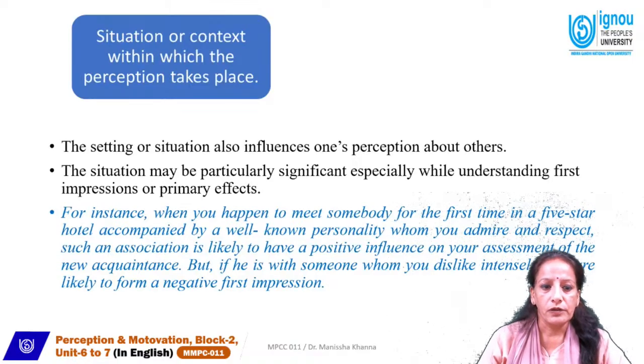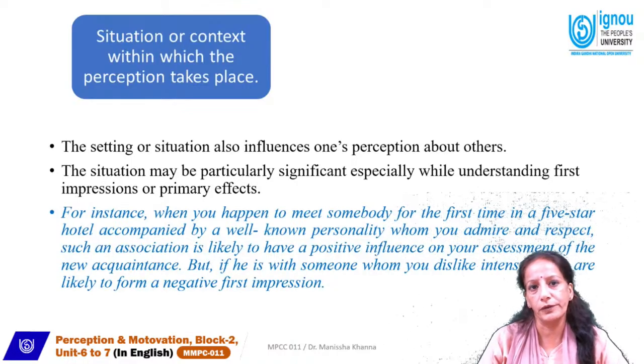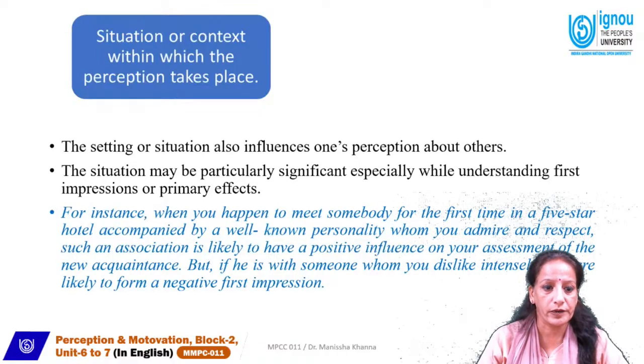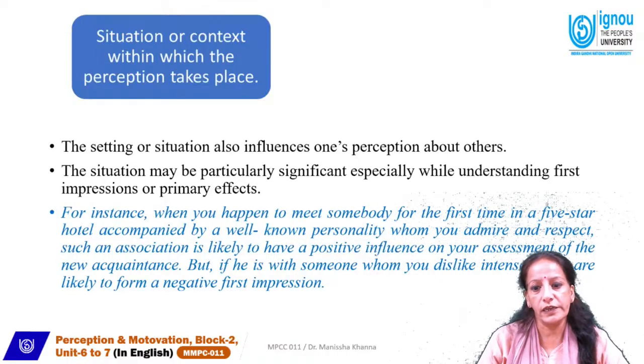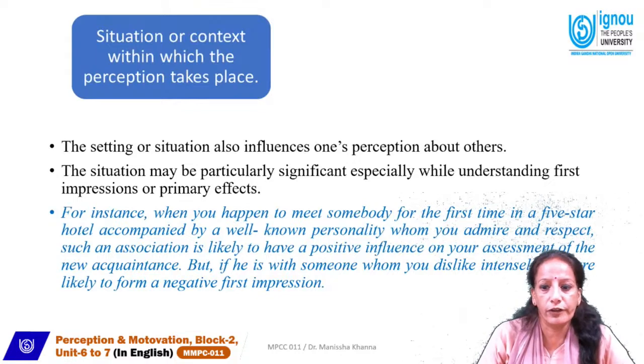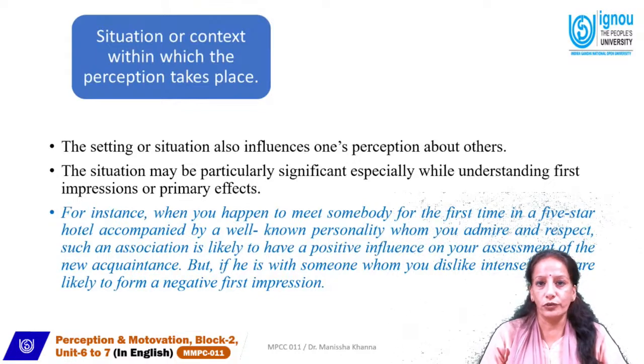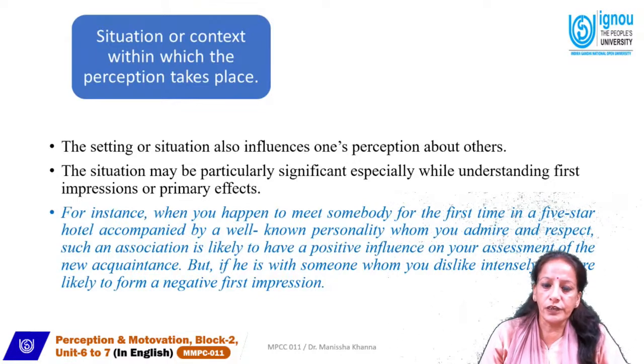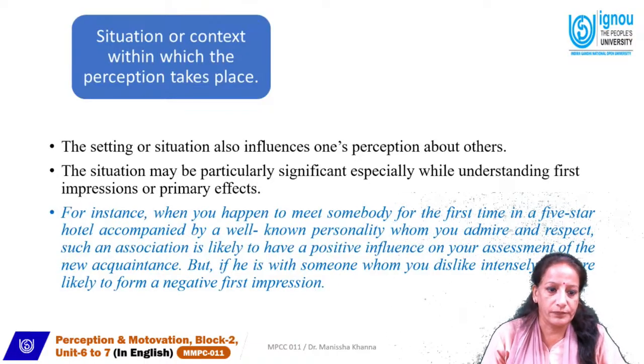For example, when you happen to meet somebody for the first time in a five-star hotel accompanied by a personality whom you admire and respect, such a situation is likely to have a very positive influence on your assessment of the new acquaintance. But if he is someone whom you dislike intensely, you are likely to form a negative first impression.